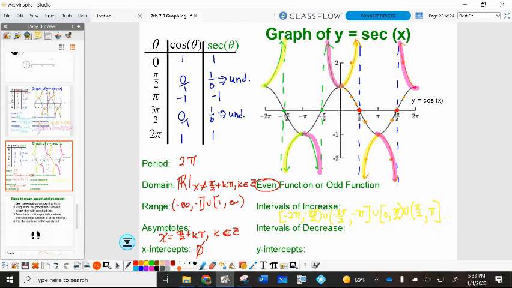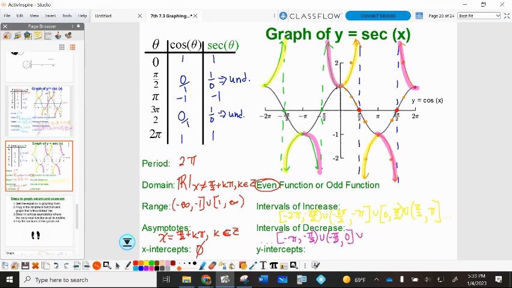Our intervals of decrease, let's take a look at that. That's going to be from -pi inclusive to -pi over 2 non-inclusive. Union with -pi over 2 non-inclusive to 0 inclusive.